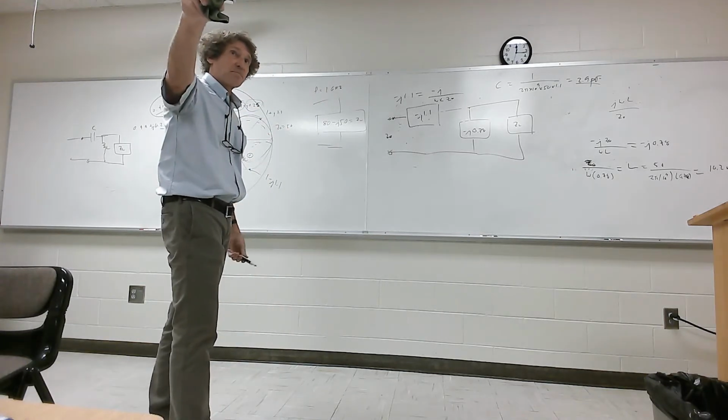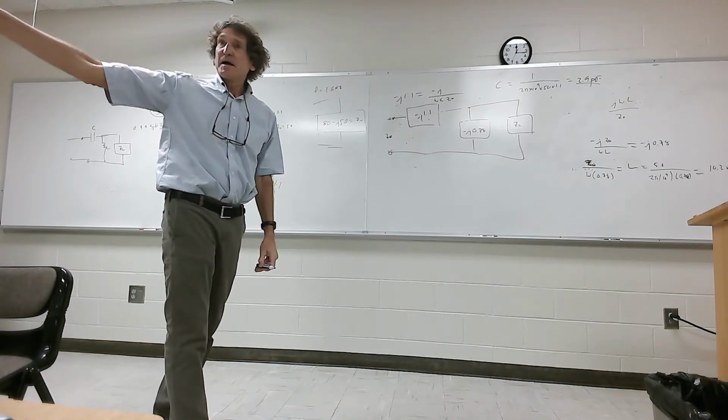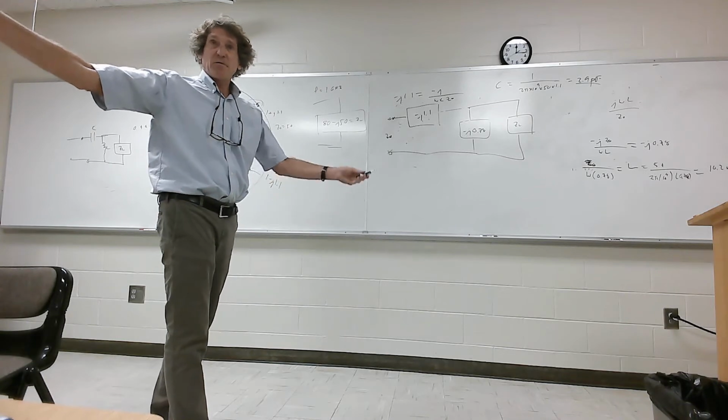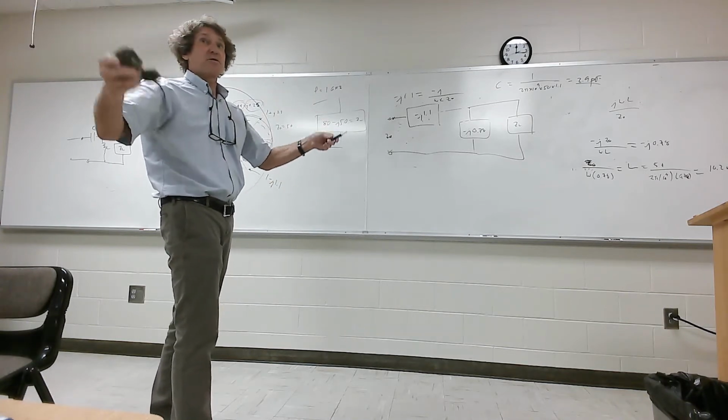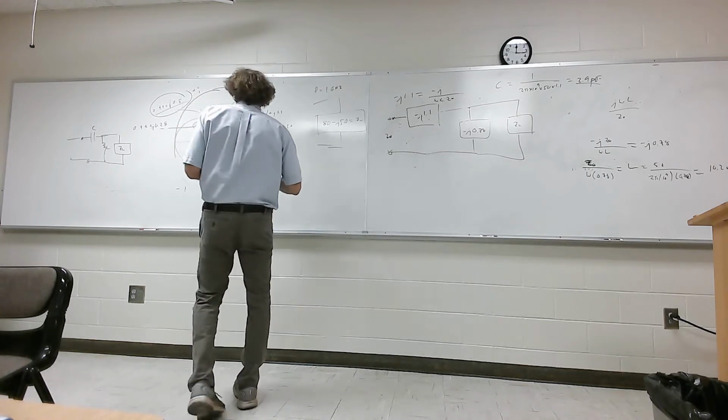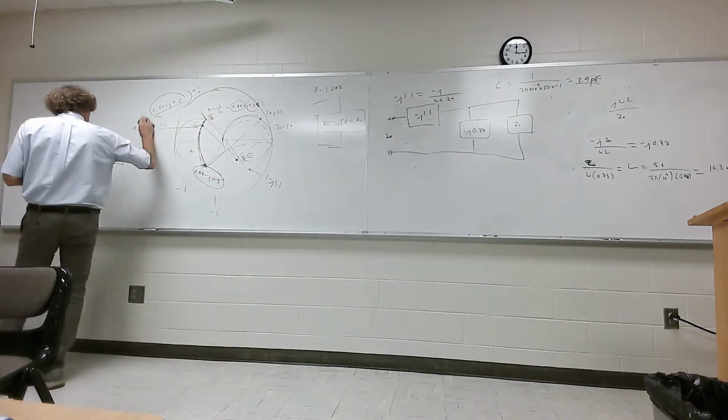Anybody have any other question about this particular type of problem, where you're inside the one circle? Now I want one inside the rotated. Then we're going to do one outside of both. Those are the easy ones. So let me erase this.